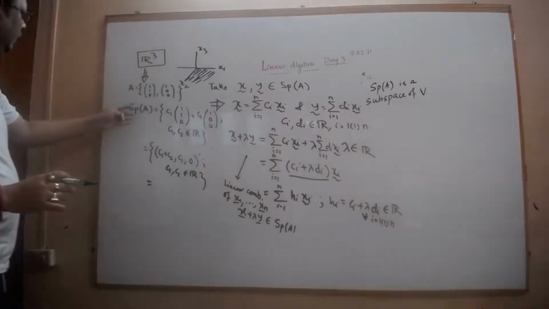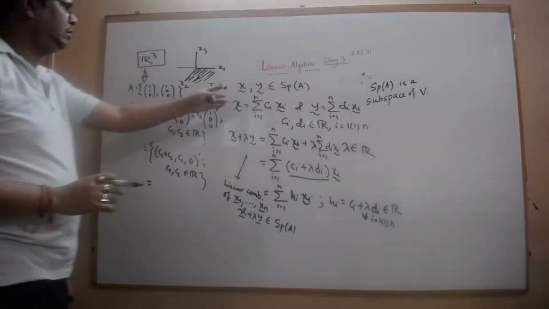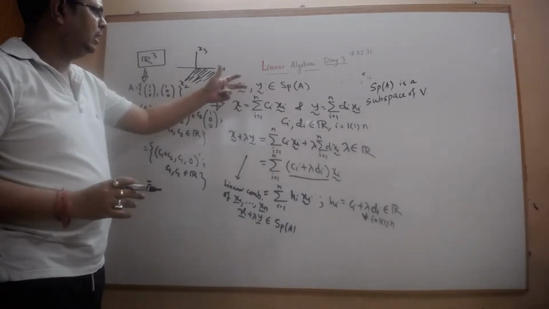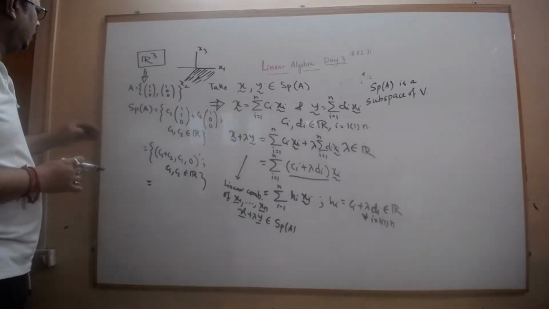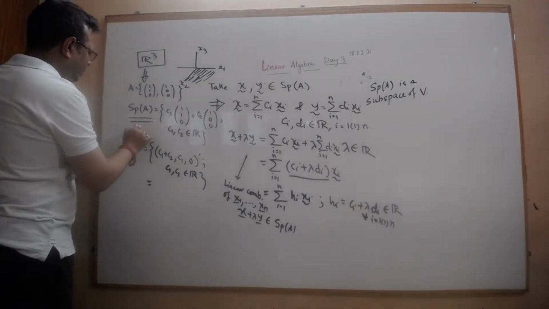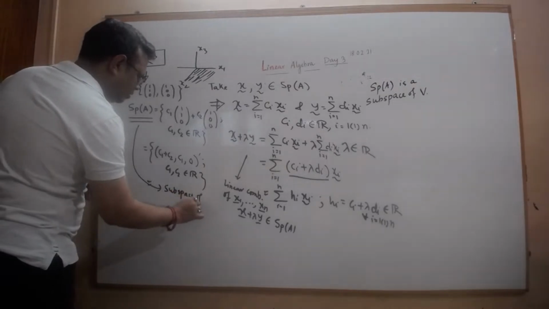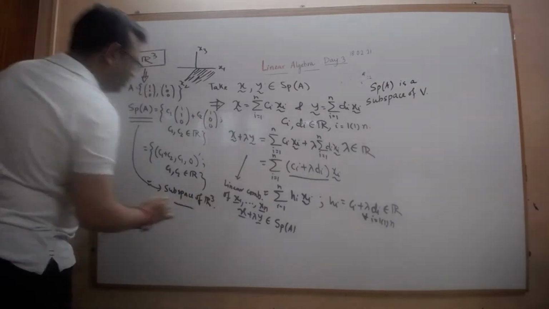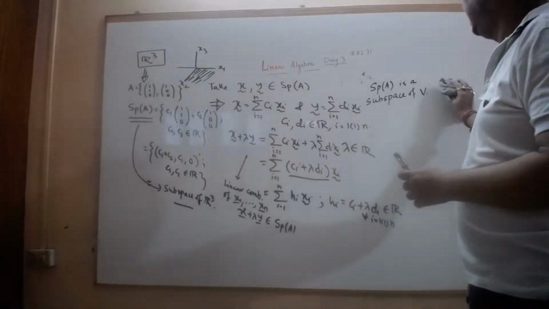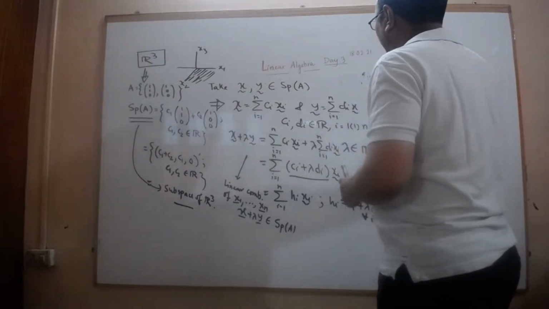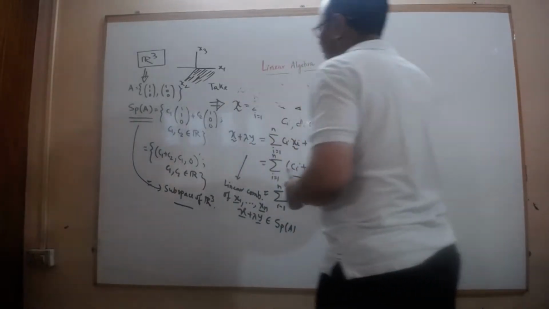Since this is a vector subspace, and here we consider a general vector space Rn with this a particular case, hence span A is a subspace of R cube. So this is just a constructional method of a subspace of a vector space.